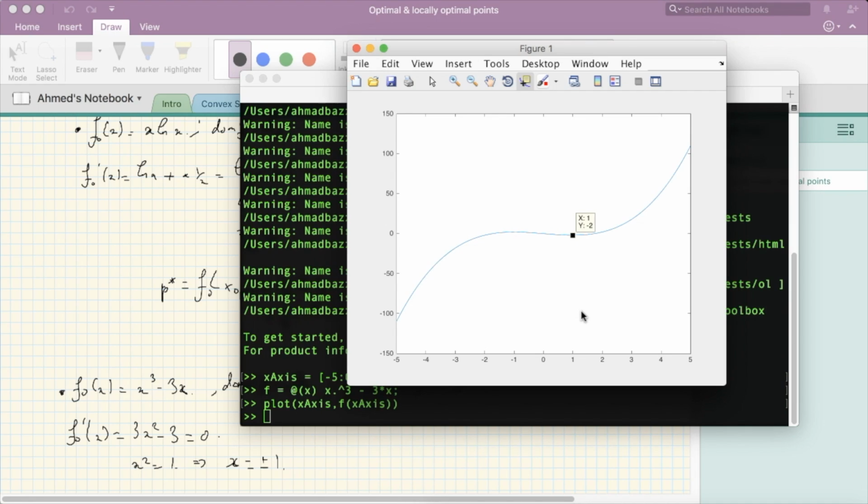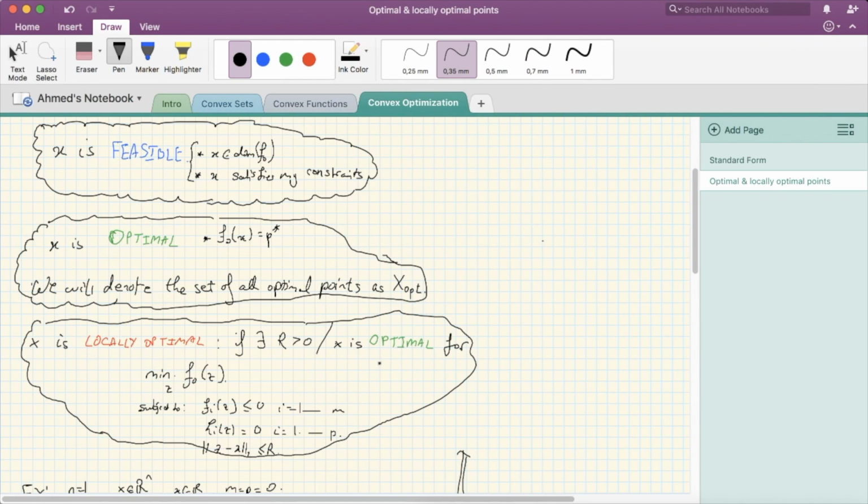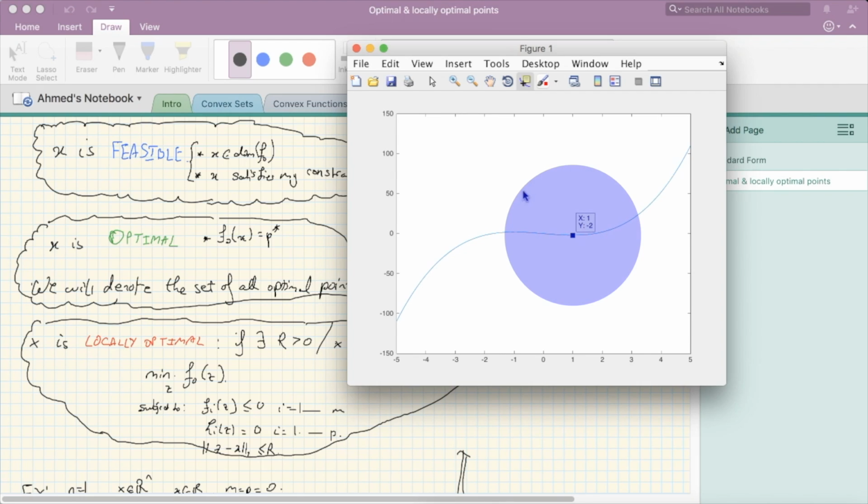It means that x equal to 1 is a local optimum point, because x turns out to be optimal for this problem. So there is an R in which, if I draw a circle here, I ask myself a question: is x equal to 1 optimal for this region only, for minimizing the problem in this region only? Yes.